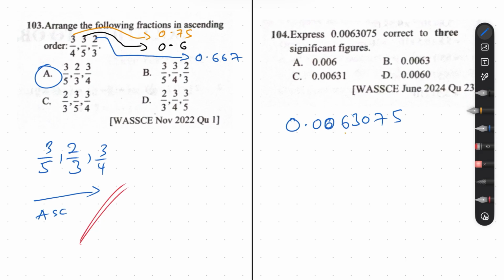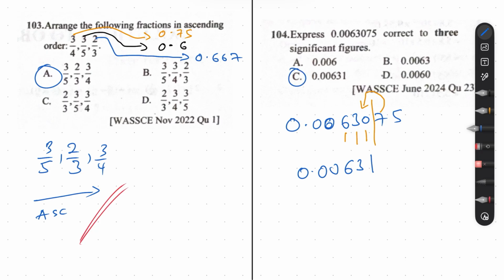Sorry, we start counting from 6. 1, 2, 3. So we end right here. But the number after it is greater than 5, so we need to round the 0 up. So finally our answer will be 0.00631. So that is C.